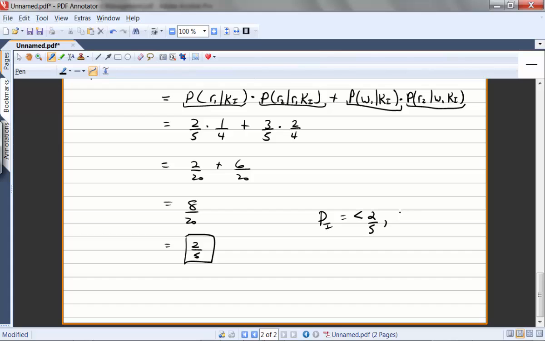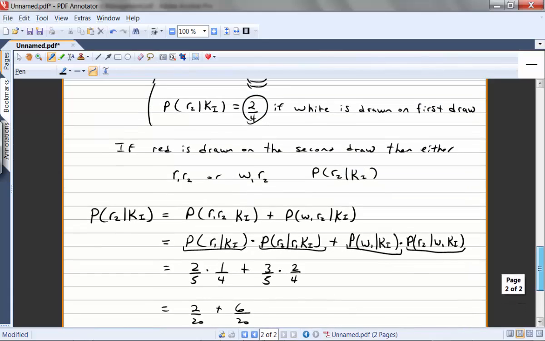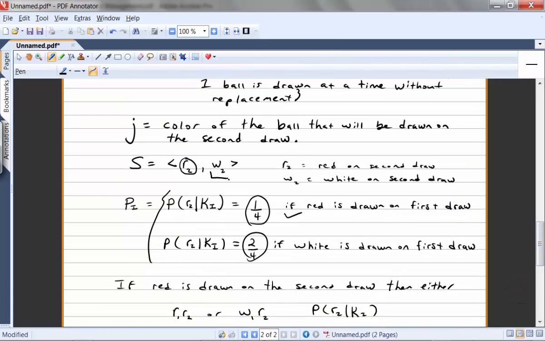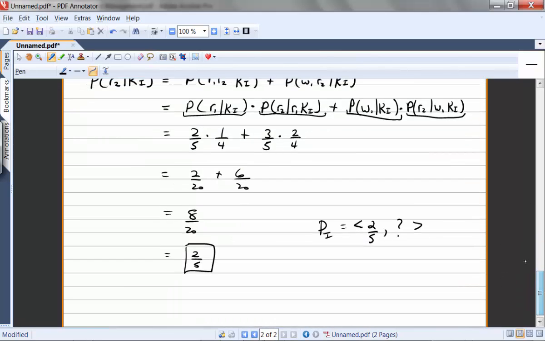2/5 for the first state, and then what would you think would be the probability for the second state, that white will be drawn on the second draw? It's the same as the probability that white would be drawn on the first draw, given our initial knowledge: 3/5. If we don't know what happens on the first draw, the probability that white is drawn on the second draw is the same as the probability that white is drawn on the first draw. If we don't know what happens on the first 2 draws, then the probability that white is drawn on the third draw is exactly the same, and so forth, just like we did before. So it's going to be 3/5, because there are 3 white balls and 5 total balls.